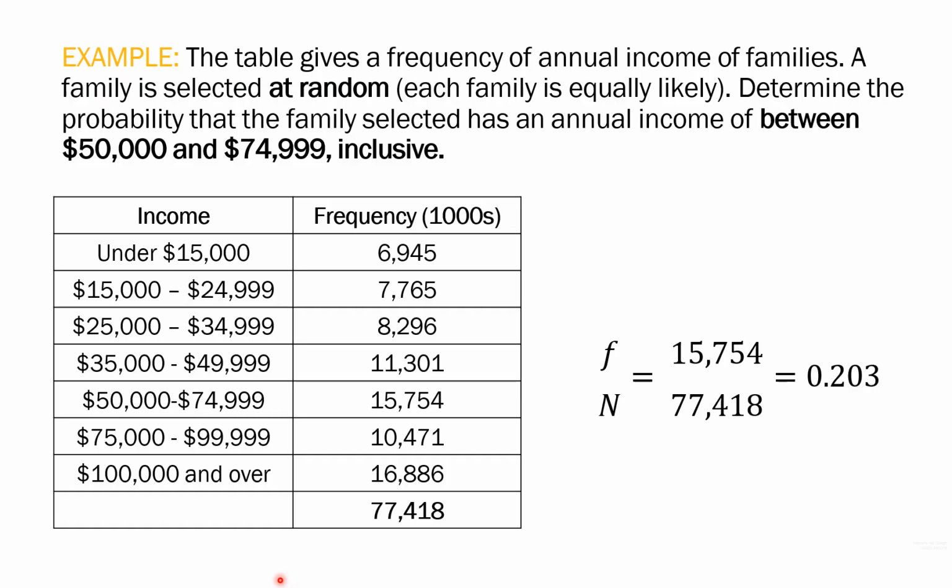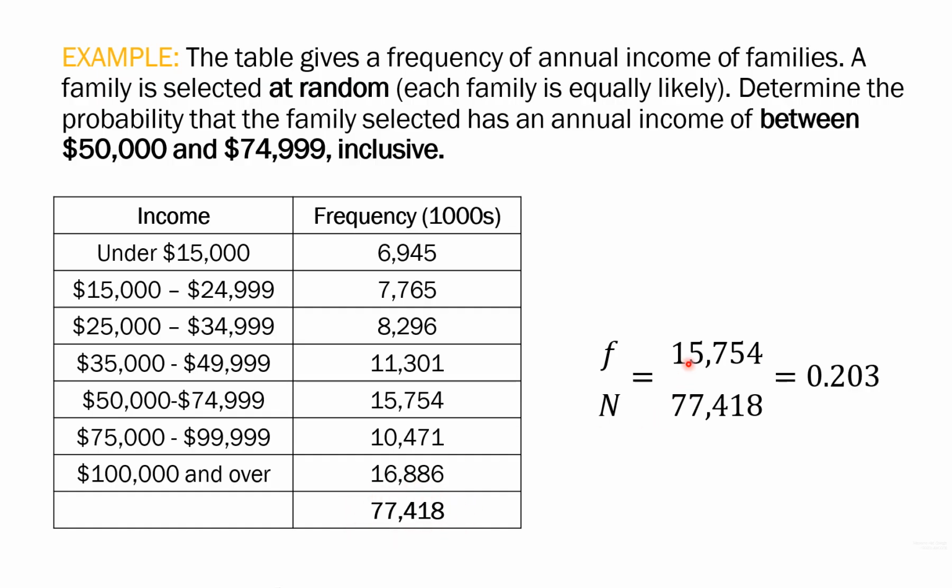And so let's check the frequency of being between 50,000 and 74,999. You can see that the frequency is 15,754 over N, which is going to be our total number of possible outcomes. So that would be taking all the frequencies and totaling them together.